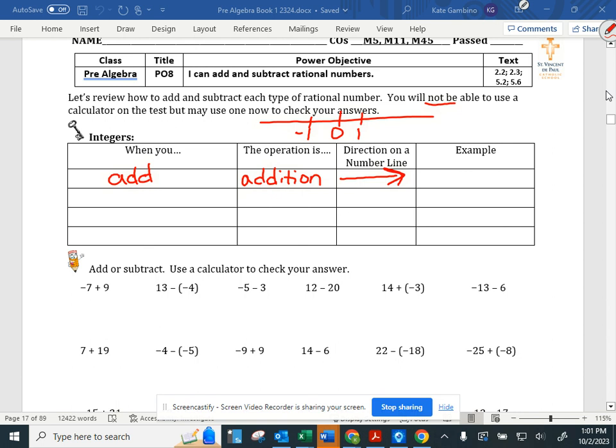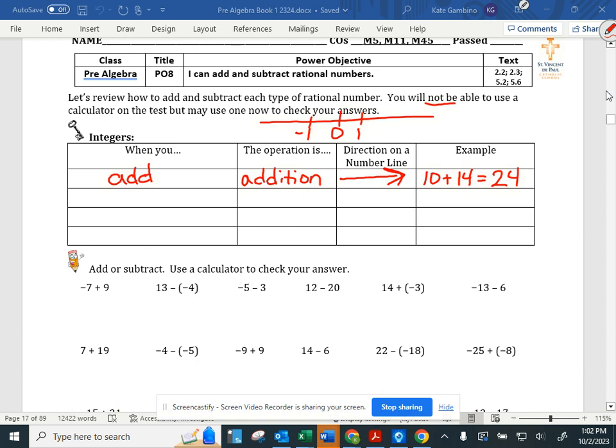When we add, we always go to the right on the number line. An example would be 10 plus 14 equals 24. That's just an example of adding, going to the right on the number line. That's an easy one, right? We've been doing that for years.